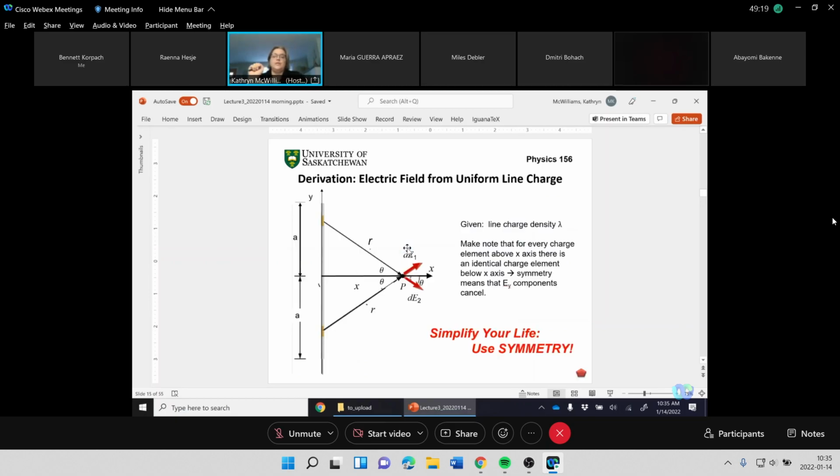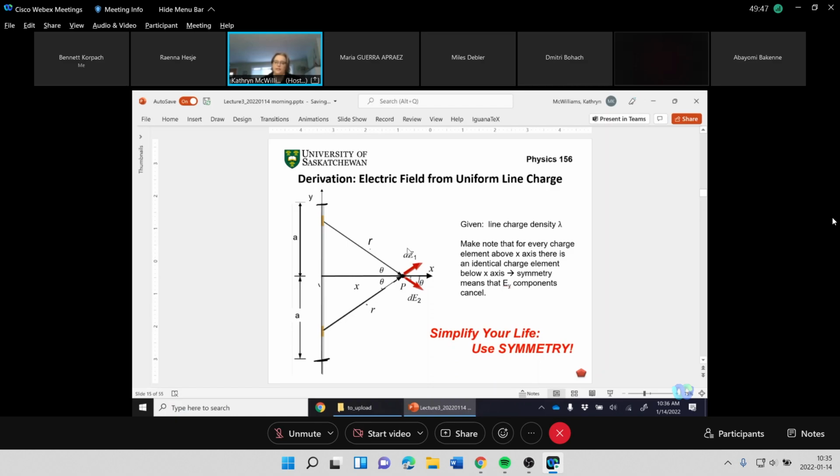Okay, so we'll do this version. This is also in the textbook with a slightly different diagram, but I want to walk you through it because there are some helpful techniques you should think about when doing these questions to simplify your life, which it says on the bottom: using symmetry. What we have is a line charge, an ideal line charge, so it has no thickness but it has a length.